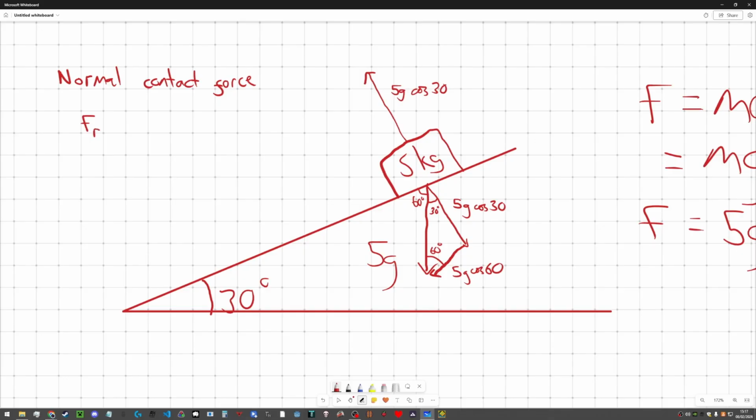Our resultant force is equal to the sum of all the forces. We know that this force up here and the 5g cos 30 down here are going to cancel out since they're equal and opposite. So the only force we have to consider is this 5g cos 60.